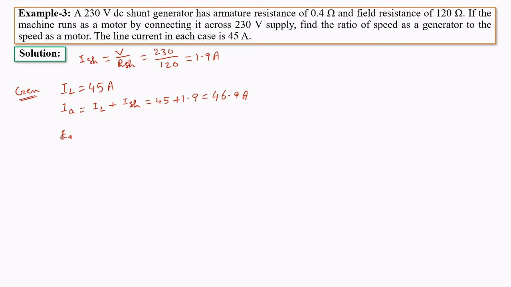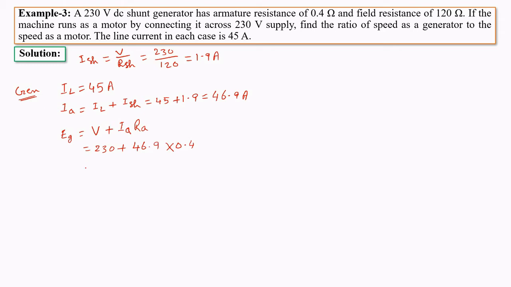And the generated EMF is written as voltage across the load plus the drop, that is armature current into armature winding resistance. So here the voltage is 230 plus 46.9 into armature winding resistance, 0.4.